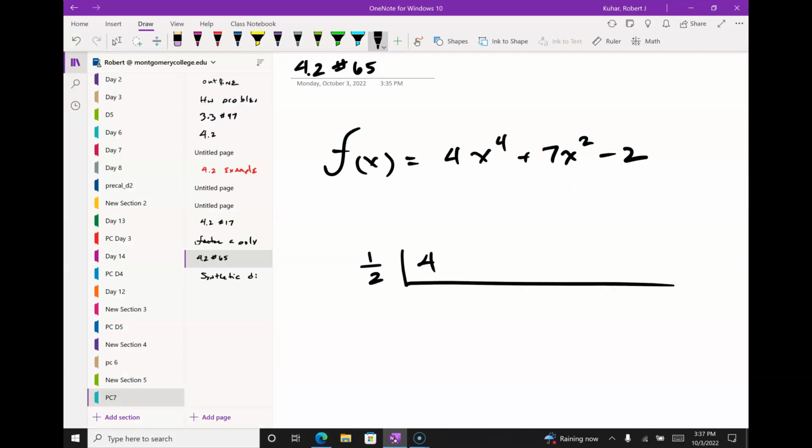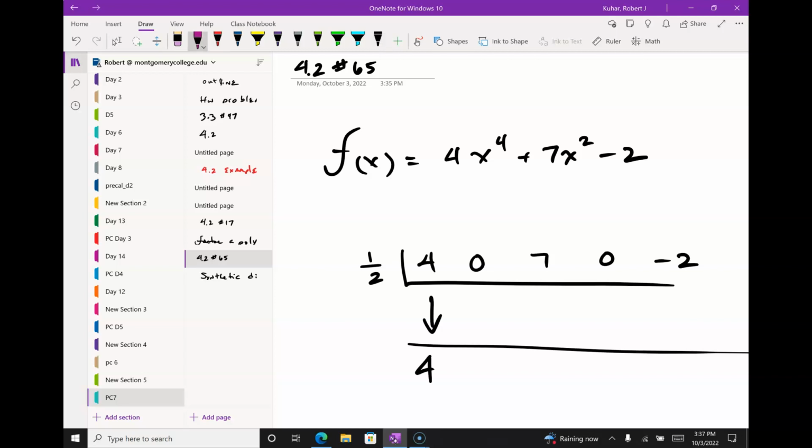So I've got a 4, a 0, a 7, a 0, and a -2. Everybody there with me? I've got an x to the 4th term, but I don't have an x cubed term, so I've got to put a placeholder there. I'm going to bring down that first coefficient, and then multiply.